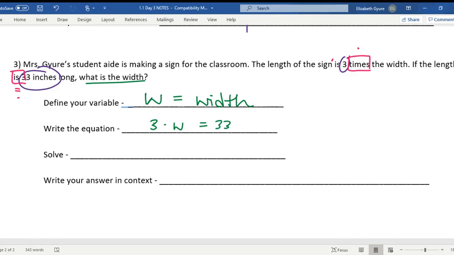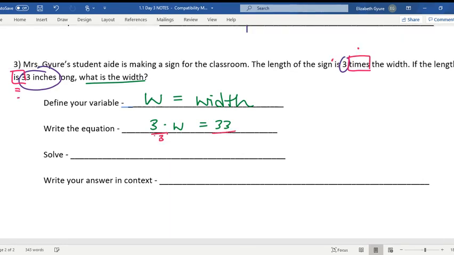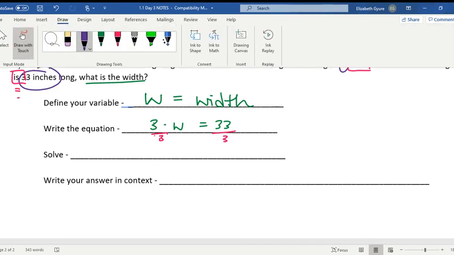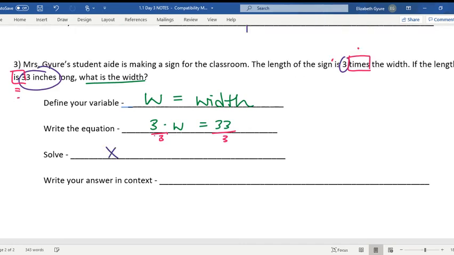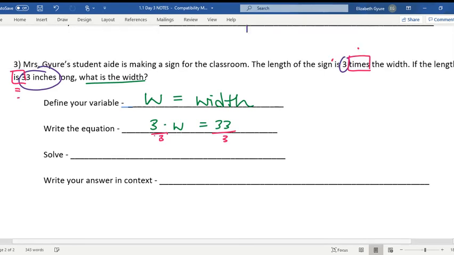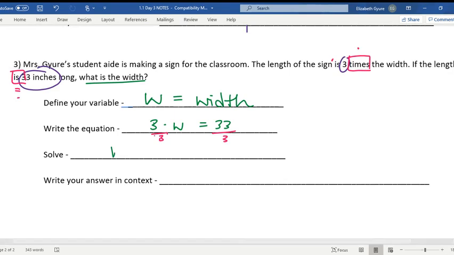Then what could I do to solve? Dallas? Yeah, divide by 3. And what's 33 divided by 3? I don't know. 33 divided by 3, Jaden? 11. Yeah, so W equals 11. 11 what?